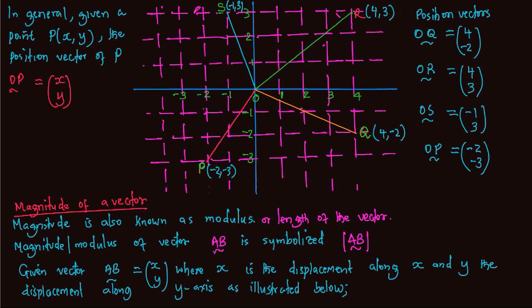If given vector AB is equal to (x, y), where x is the displacement parallel to the x-axis and y is the displacement parallel to the y-axis, as illustrated below.